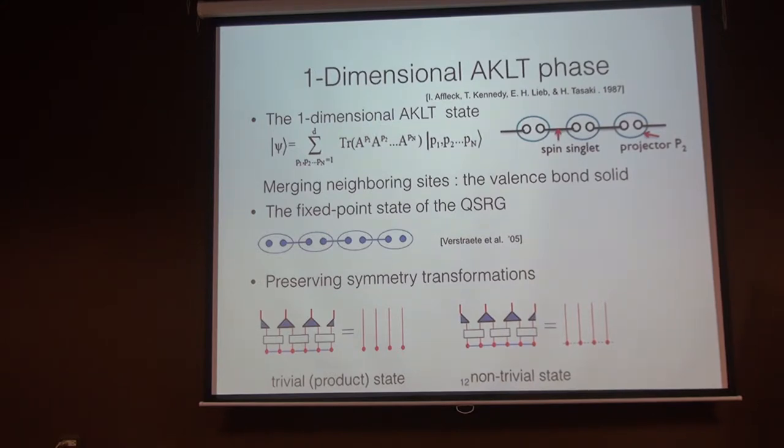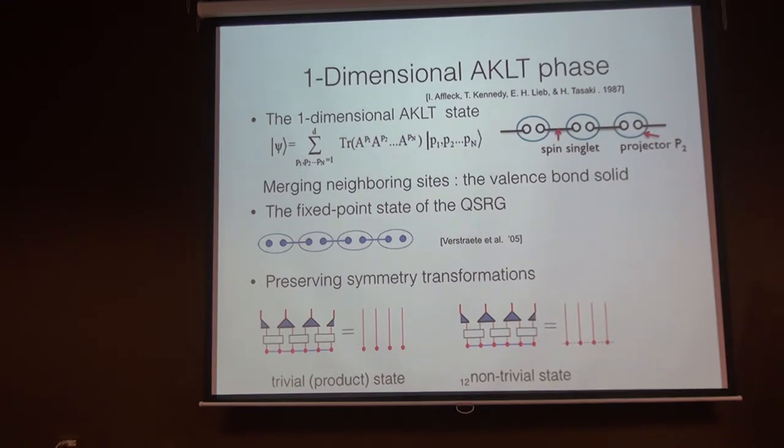The one-dimensional AKLT is a valence bond solid, connected to the nearest neighbor site. If we just merge two sites, it will flow to a fixed point. The fixed point is a dimer state, or we call it a valence bond crystal phase.